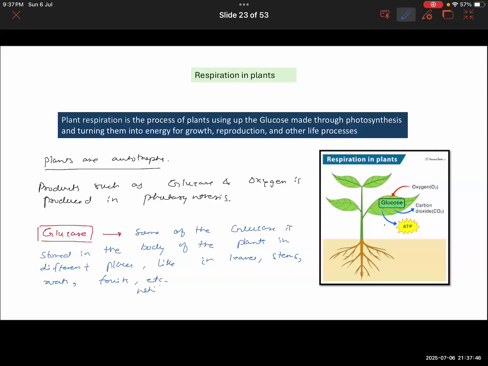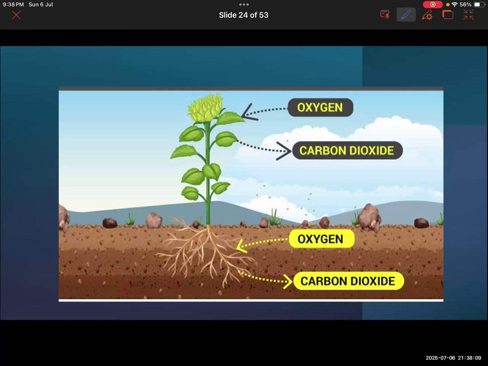While some of it is used in respiration to obtain energy. So let us understand what exactly happens in respiration.